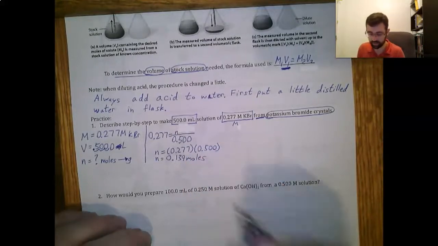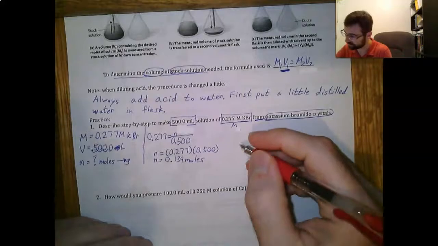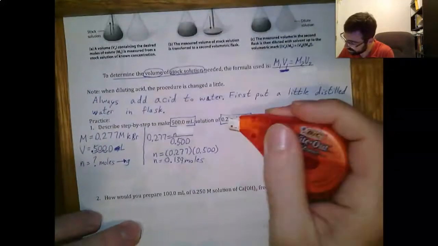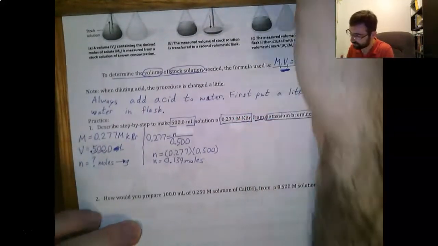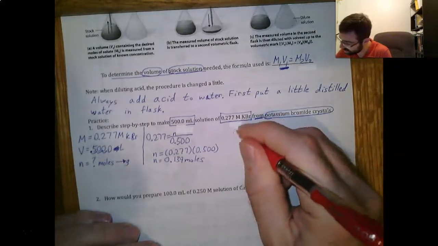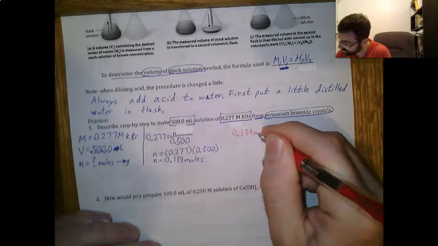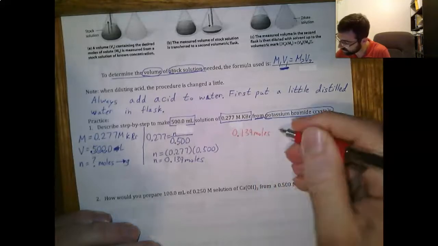Okay, that's great, but I want to find how many grams I need. So I'm going to use the molar mass, which hopefully we know how to find by now pretty easily. 0.139 moles of KBr.